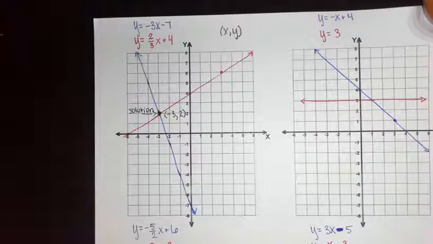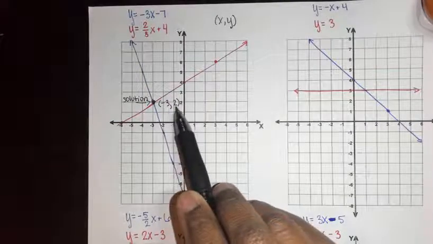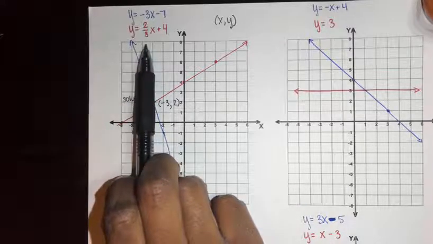Now I want to be able to verify that by plugging in the values of x and y that I got, negative 3 for my x and 2 for my y, into each of these equations.